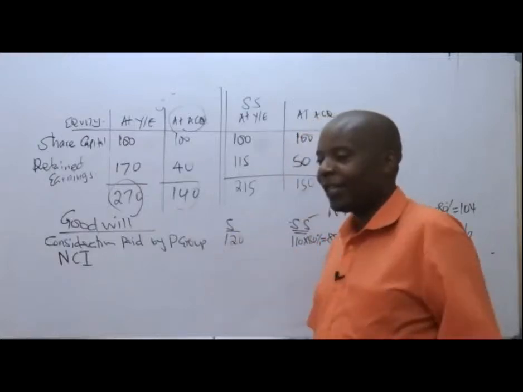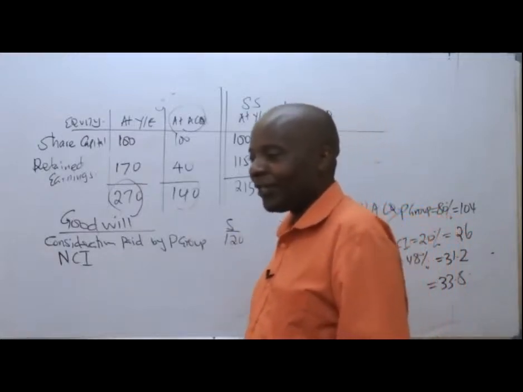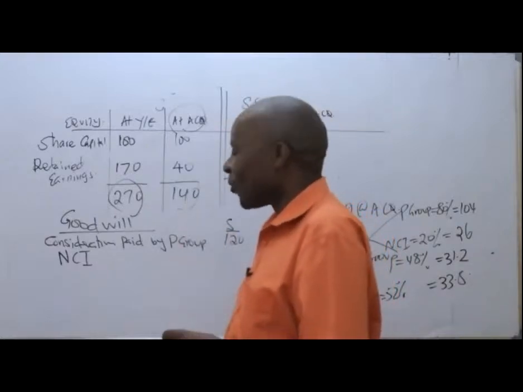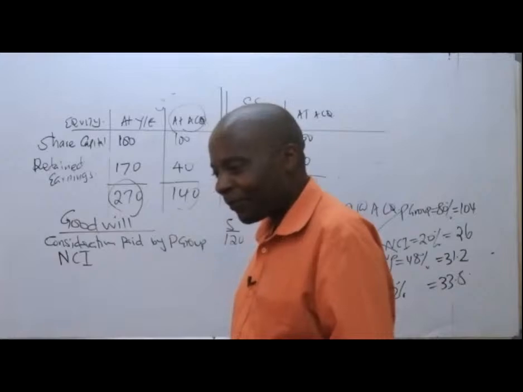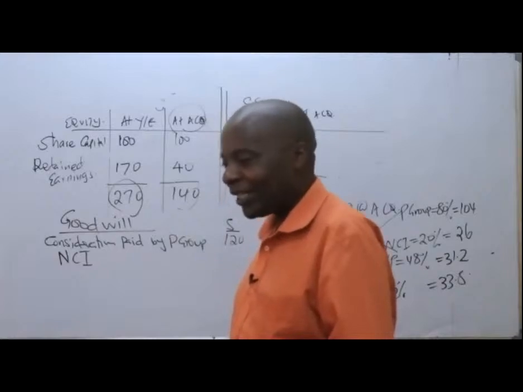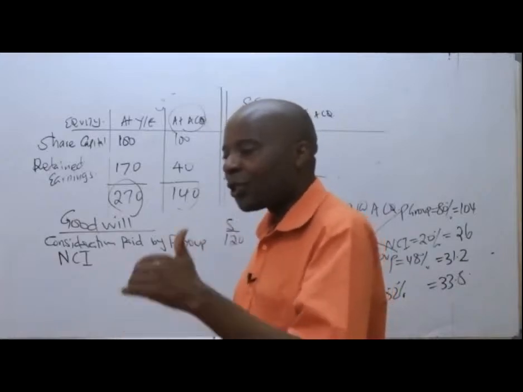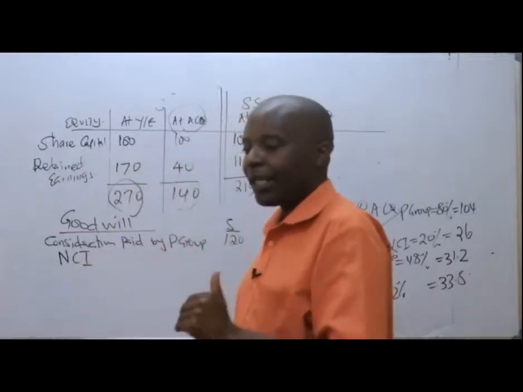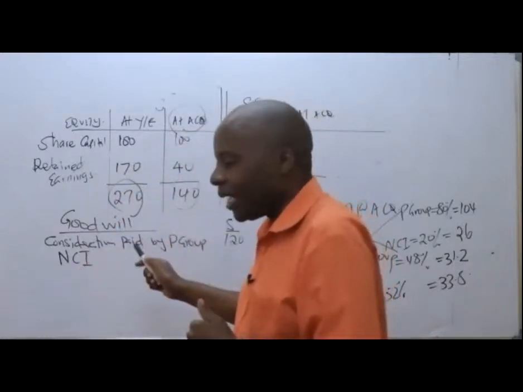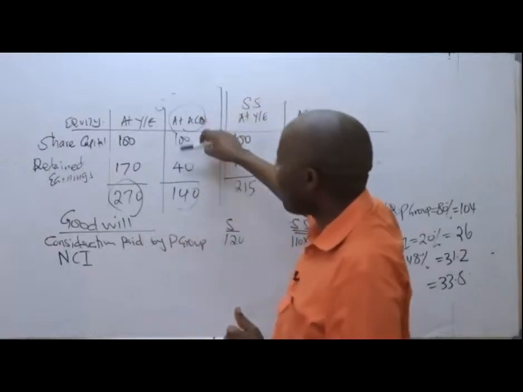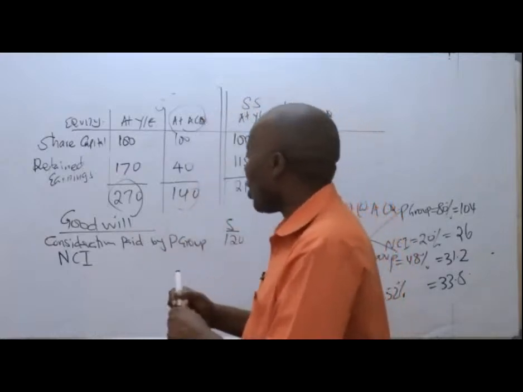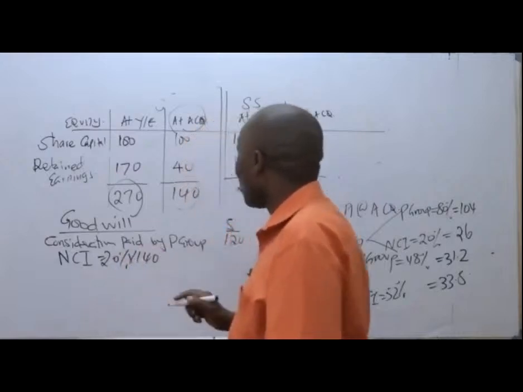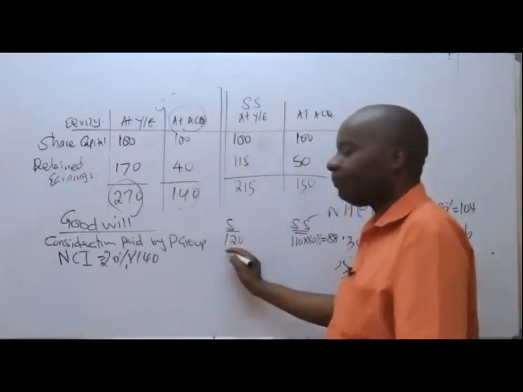Somebody talk to me. Remember, goodwill is computed as at acquisition date. So this should be at acquisition, which is 140. So 20% of 140 will give me what figure?